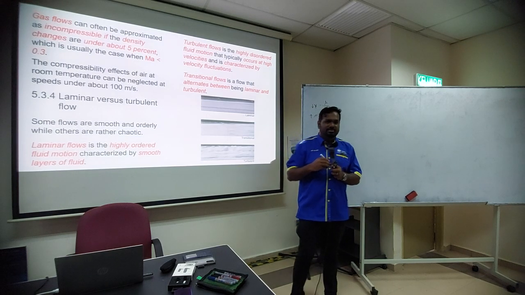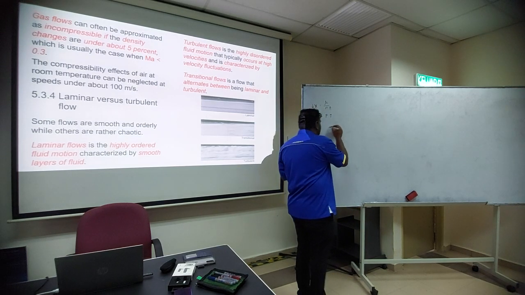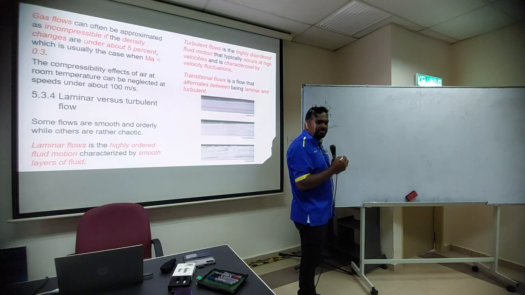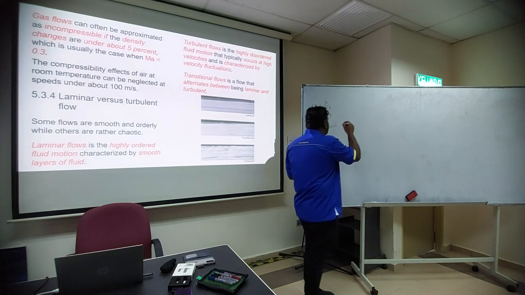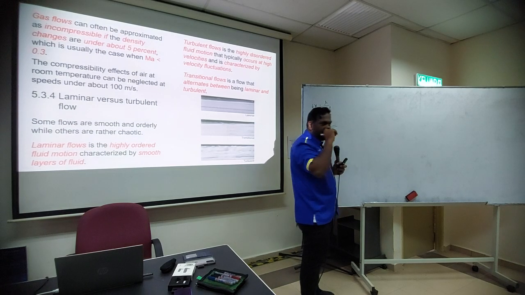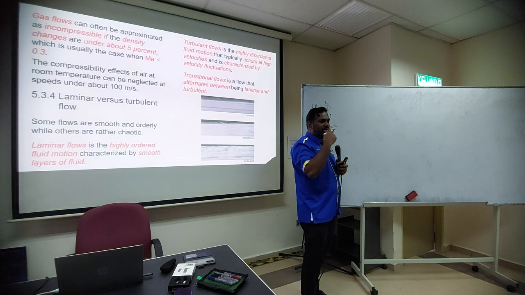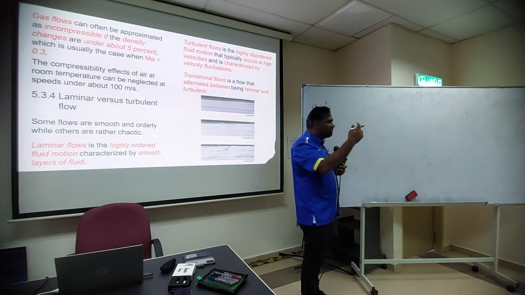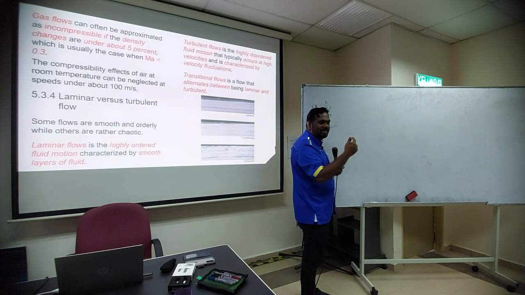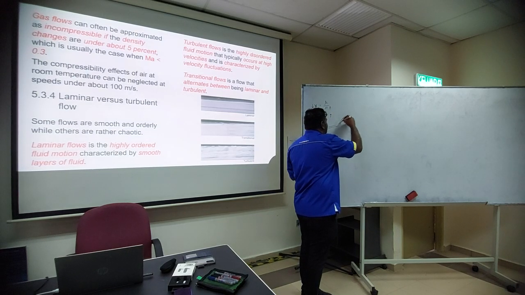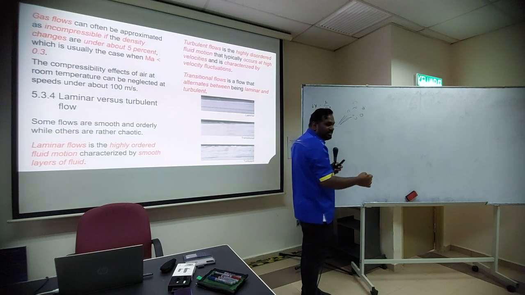So let's say you have a cigarette. Anyone smokes? Let's say you are blowing the cigarette smoke. How will the flow be initially? It will go straight, and after some time you'll have some transition.